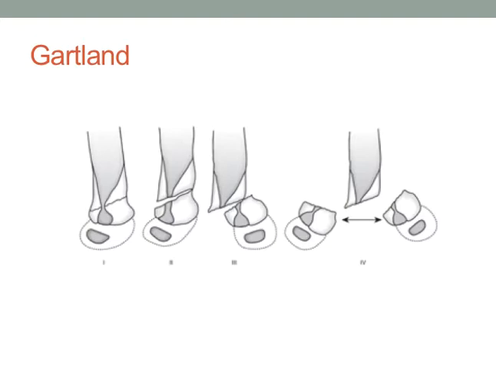So to run through it, Gartland 1 is a minimally displaced fracture, typically described as displaced less than 2 millimeters. Gartland 2s describe a fracture where the posterior periosteum is intact. And a 3 is where that posterior periosteum is not intact, and so it's completely displaced.